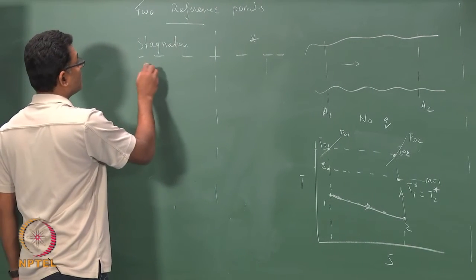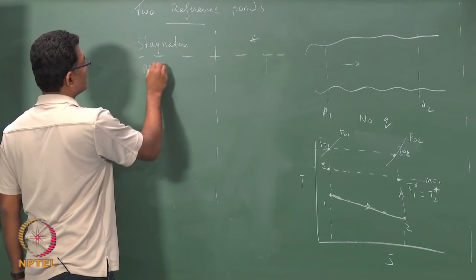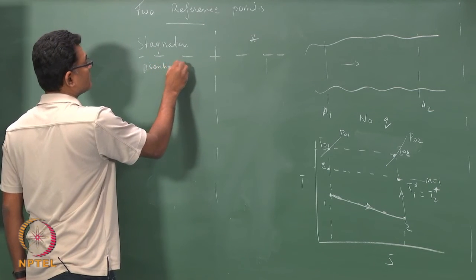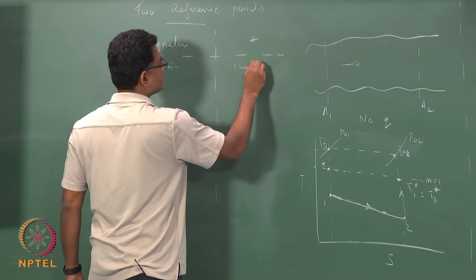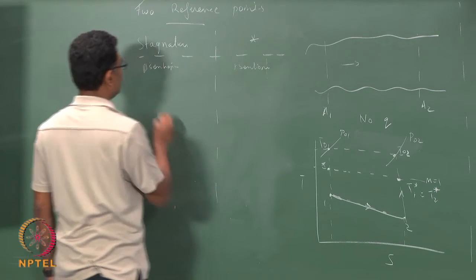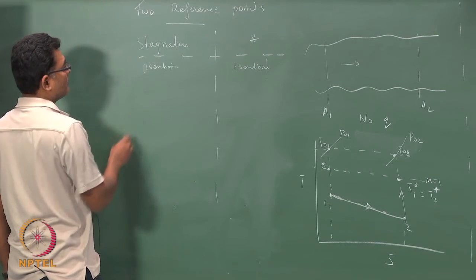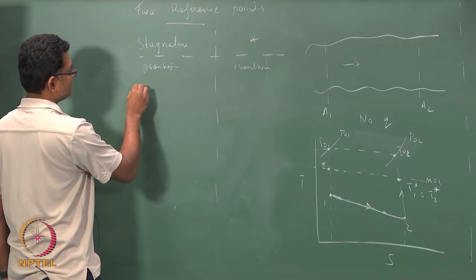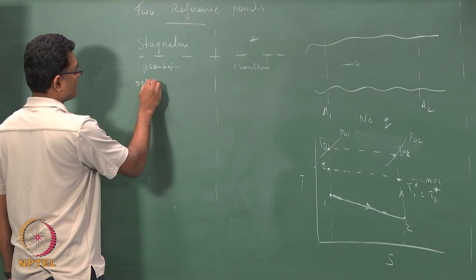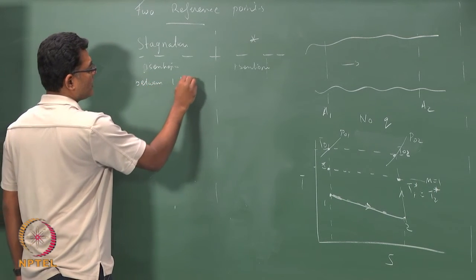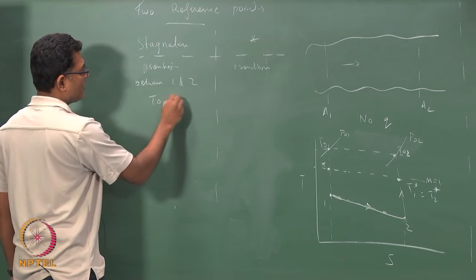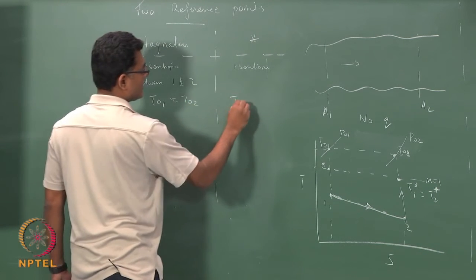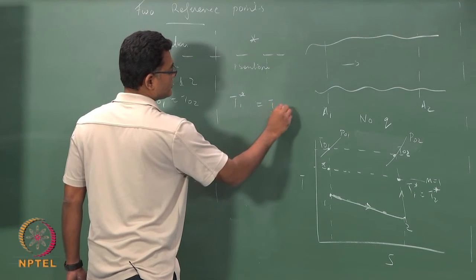So, if the process is isentropic, this process is also isentropic. Between 2 points 1 and 2, I have T01 equals T02, here again T1 star equals T2 star.